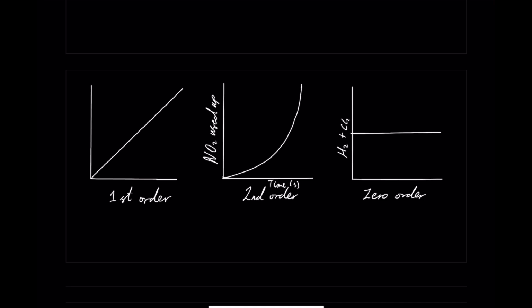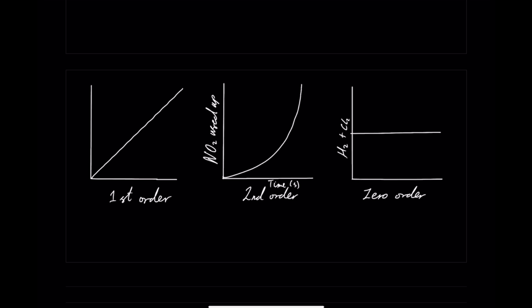What I mean by that is they may want you to use your understanding of orders to answer the question, where they don't specifically state the order of the reaction, but they give you the graph and expect you to understand what order it represents. So you say, oh, I recognize that graph.